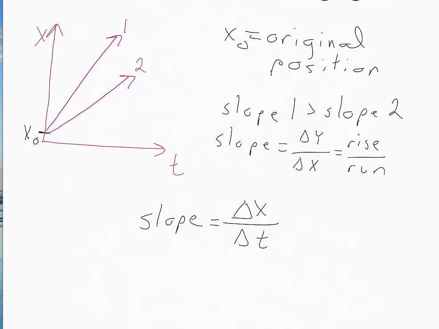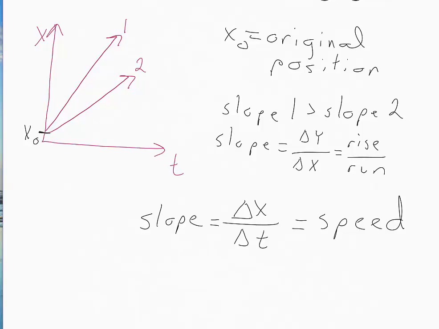So if slope is change in y over change in x, and we know that our position over time tells us how fast we're going, then the slope of a position-time graph will give us the speed. This is big. And what this means is that it's going to really give us an average speed. We'll get into more detail in a minute as to why this is or isn't velocity, but right now, let's just talk about it being for speed.